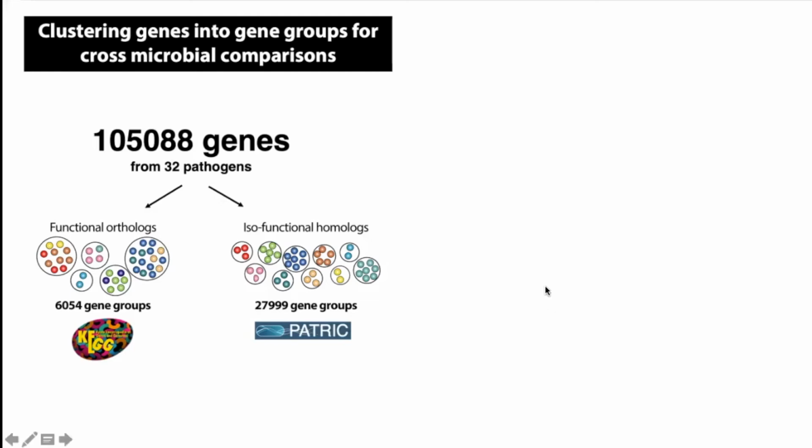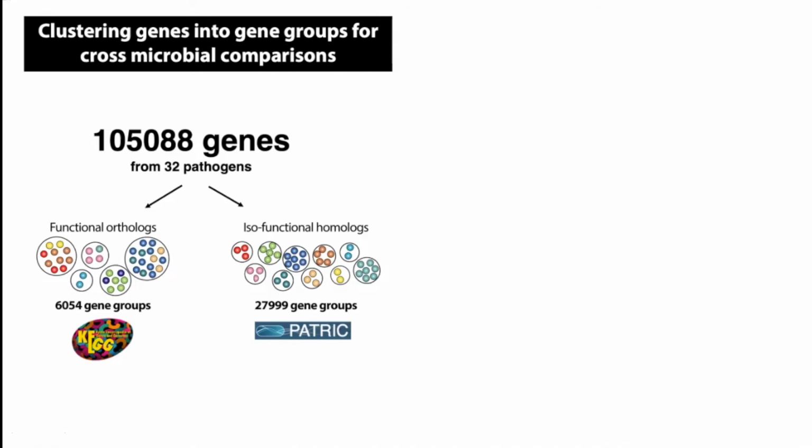As you can see here, the gene groups clustered together are larger in KEGG, but might not contain exactly the same genes. It's the opposite for the isofunctional homologs, so you get a smaller number, but more similar genes together. But we kept those two groups of genes.